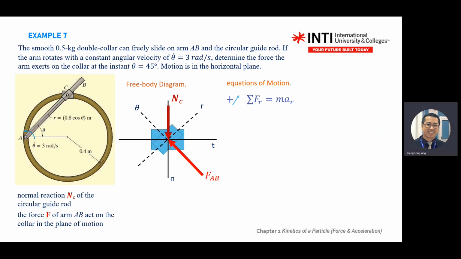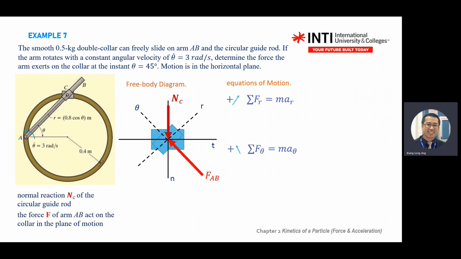So your F will be in r direction and theta direction. Your r positive goes along AB, and your theta is along the 45, the angle direction, this direction.